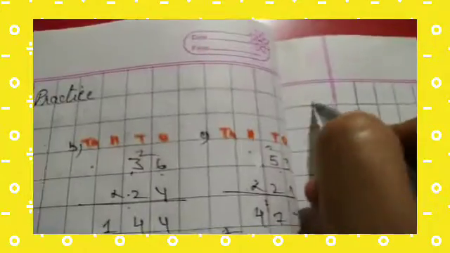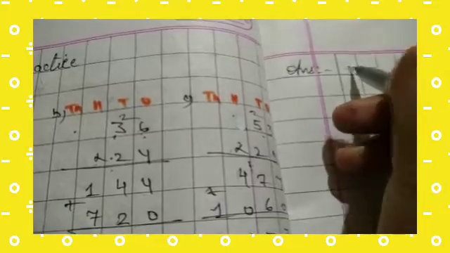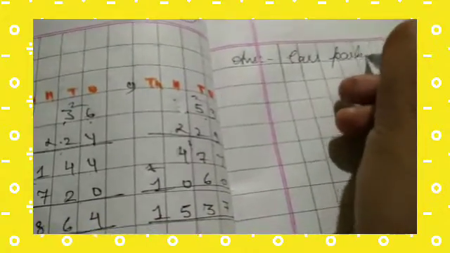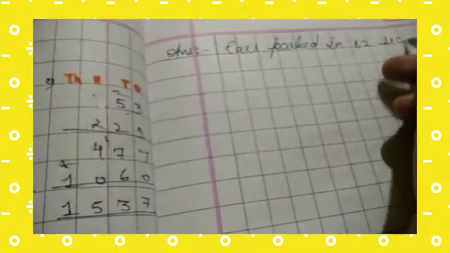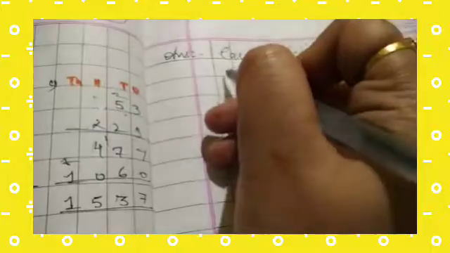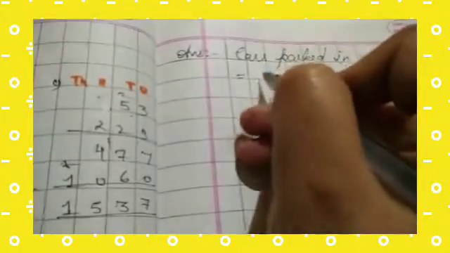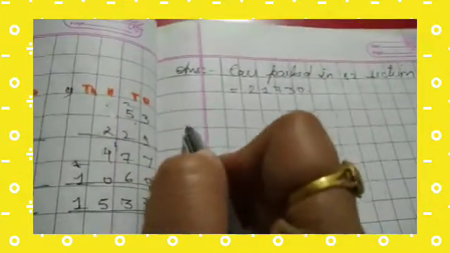So answer is cars parked in 82 sections is equals to 21,730. This is our answer.